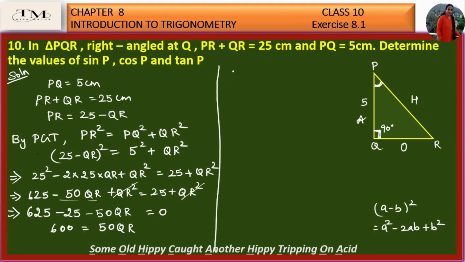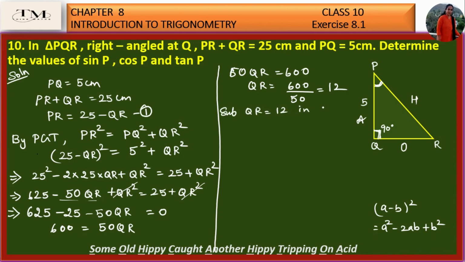So we can write 50 QR equal to 600. QR will be equal to 600 divided by 50, which is 12. So QR equal to 12. So if we substitute QR equal to 12 in 1, we will get PR equal to 25 minus 12, which is 13.